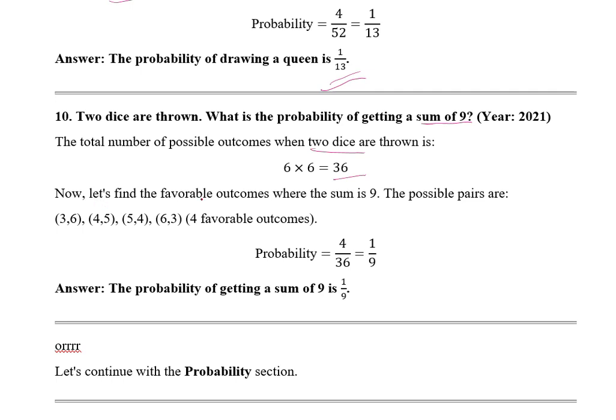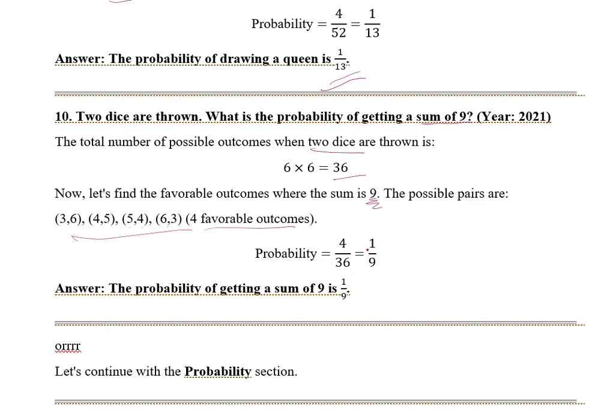Now let me find the favorable outcomes where the sum is 9: (3,6), (4,5), (5,4), (6,3). Okay, so there are 4 favorable outcomes. Favorable outcomes divided by total number of outcomes is 4/36, which we calculated yesterday as 1/9. Clear?